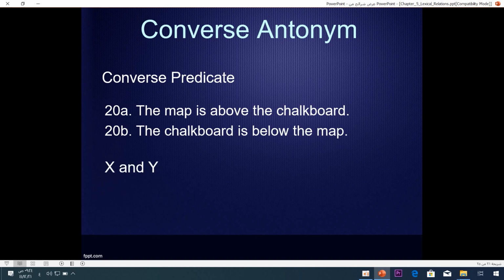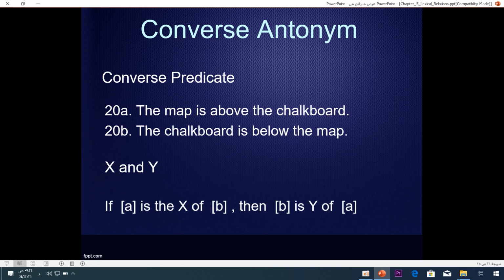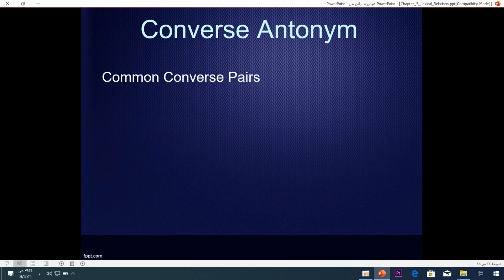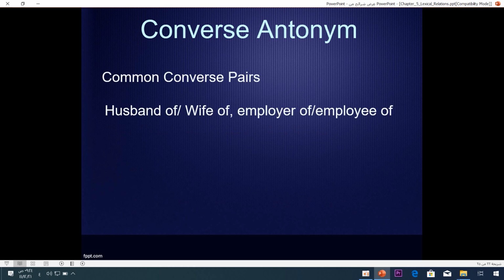X and Y: if A is the X of B, then B is the Y of A, and so on. Common converse pairs: husband of, wife of, employer of, employee of, or I can put it in some other examples.